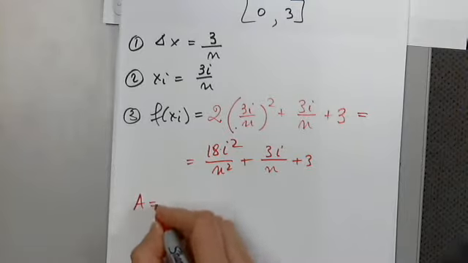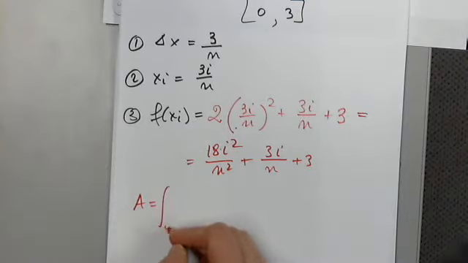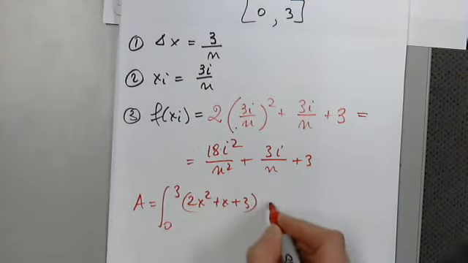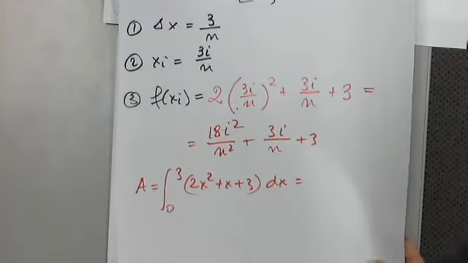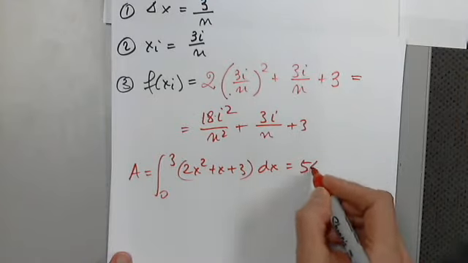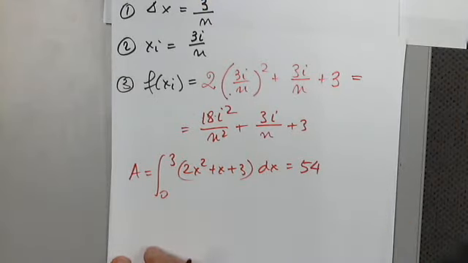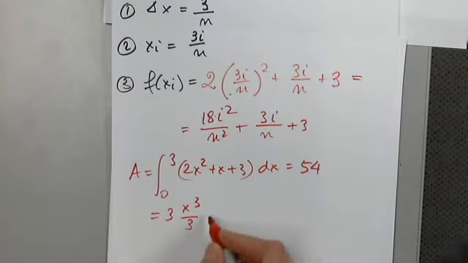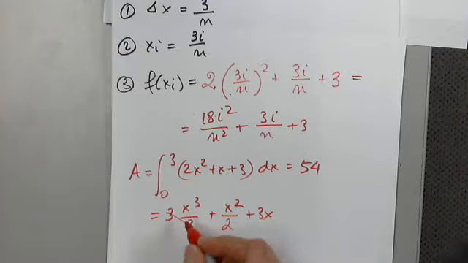Did we determine the exact area with the integral from 0 to 3 of 2x squared plus x plus 3 dx? It's 54? Yes, did we get 54? 39. Okay, so let's try. 3x cubed over 3 plus x squared over 2 plus 3x.